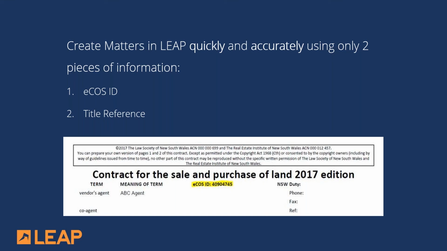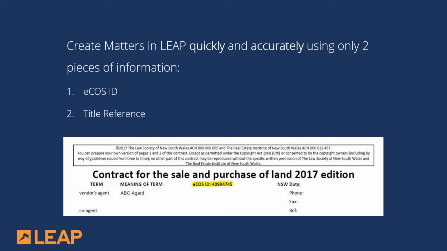This feature is reliant on the vendor's solicitor creating the front page of the contract via InfoTrack. So look out for the eCOS ID on your contracts and then you're ready to use this new feature. There is a 2-point verification when creating your matters via the eCOS ID, meaning that there's no chance of accidentally entering the wrong eCOS ID.